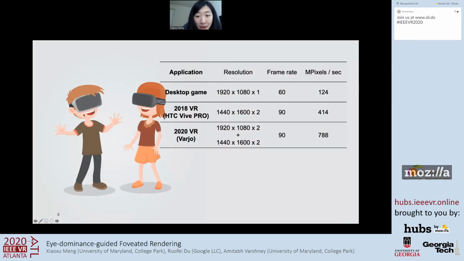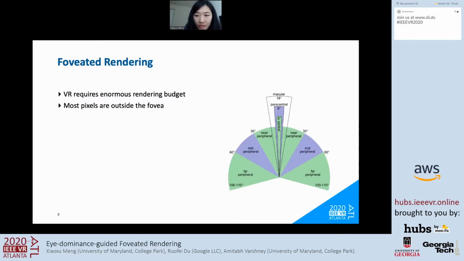Now let's get back to VR. The rendering burden for VR is enormous. That's why people came up with the idea of foveated rendering. So here I need to introduce the concept of fovea. Fovea is the center of the human retina, which corresponds to the center of the visual field.